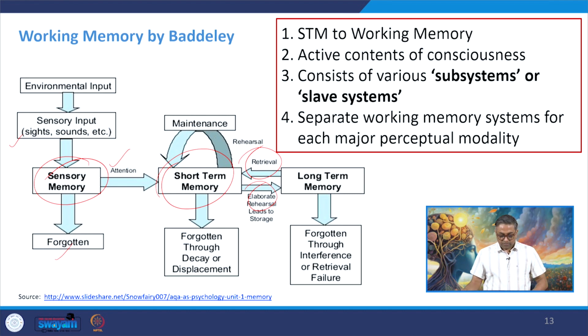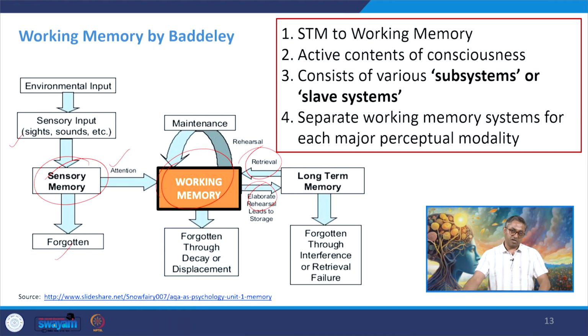Now, as we have been talking about this, Alan Baddeley conducted several experiments and gave several models related to memory. One such major contribution was replacing the short term memory with the working memory.